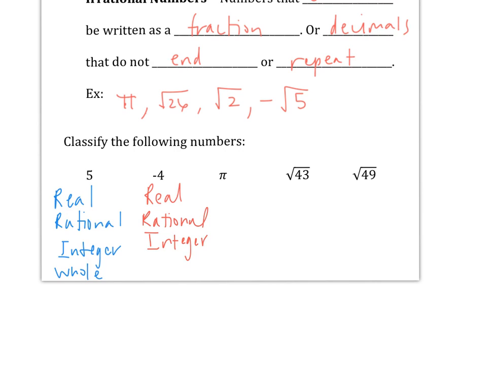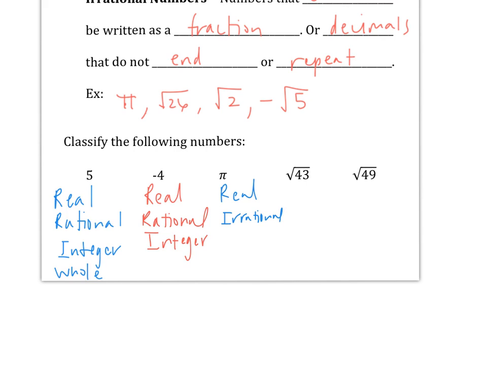And pi is a real number. And it is also irrational because it goes on and on in no particular order. And since it's irrational, it is no longer in any other category. It's not an integer, it's not a whole number. If it's irrational, it's only in the irrational and real numbers category.